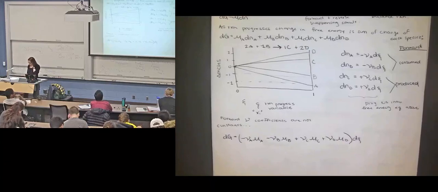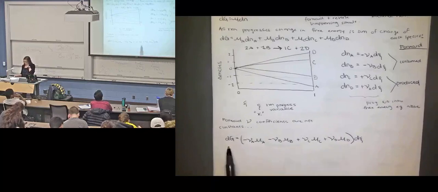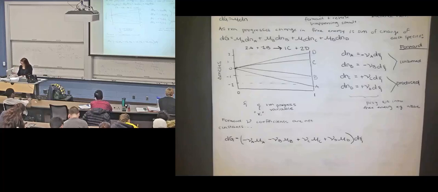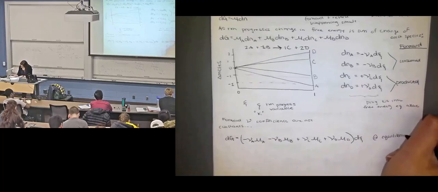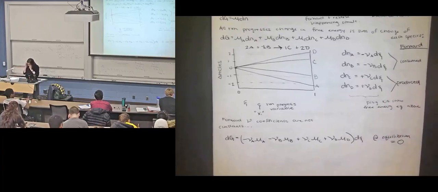If I'm at equilibrium, what is this equal to? 0, right? At equilibrium, dG is equal to 0.